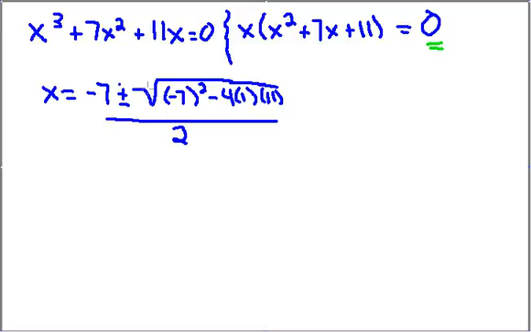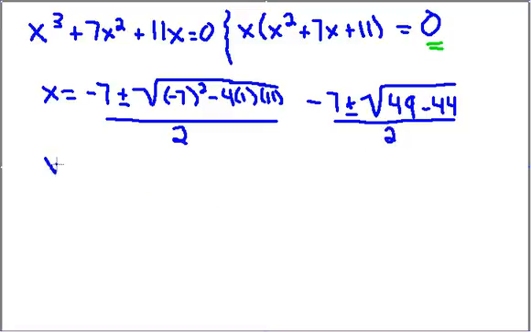Now let's go ahead and simplify. We have minus 7 plus or minus the square root of minus 7 squared, which is 49, minus 4 times 1, which is minus 4, and minus 4 times 11 is minus 44, over 2.